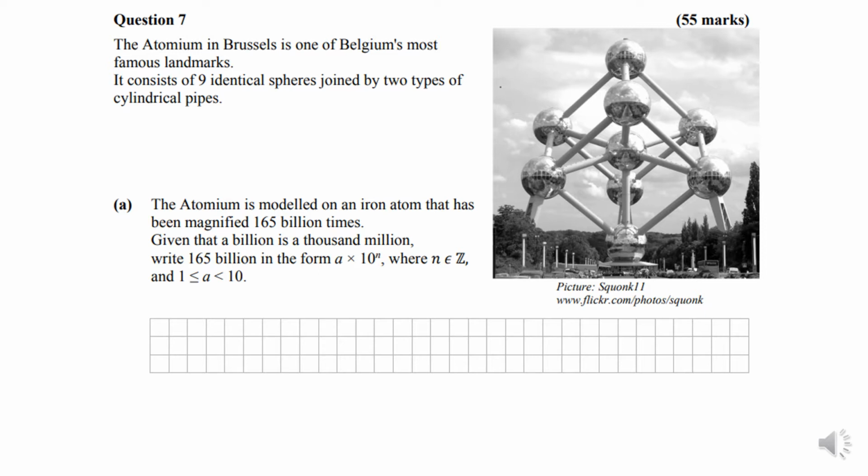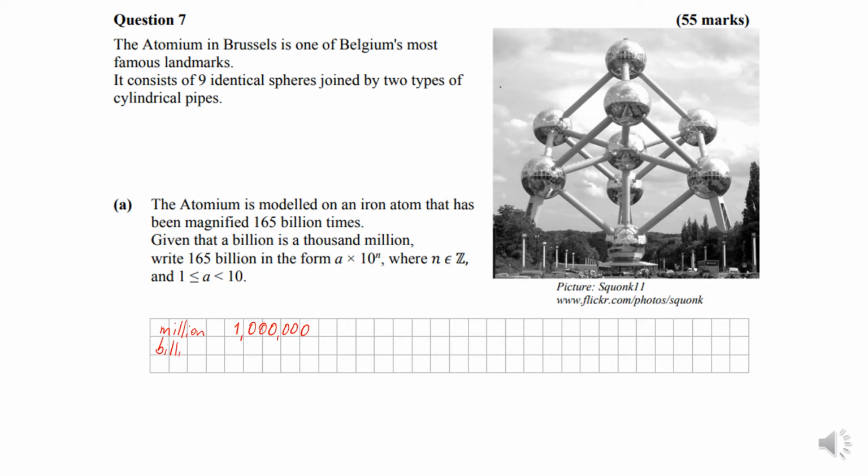Okay, so this is a question not on areas and volumes but on standard notation. So let's write down firstly what a billion is in digits. A billion, we're told, is 1,000 million. So a million is a 1 and 6 zeros.